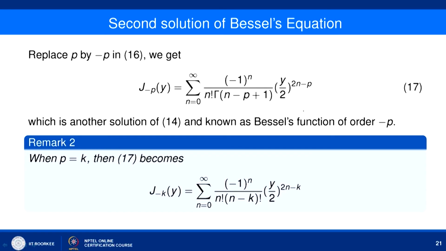So, I can say that it is homework, that the other solution corresponding to r2 equal to minus p, we will get the following expression. Here we say that when p equal to k, then 17 becomes this, and this is known as Bessel's function of order minus p, or Bessel's second solution.